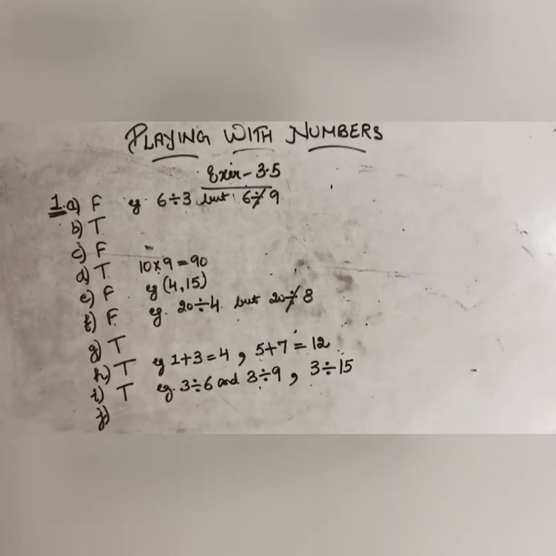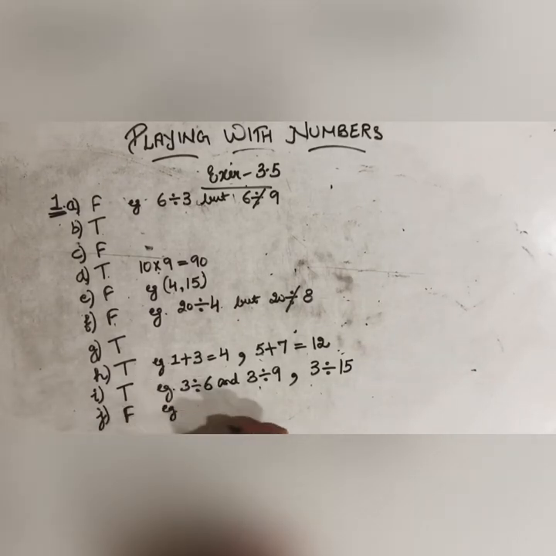Next, last part: If a number exactly divides the sum of two numbers, it must exactly divide the two numbers separately. That if the number divides the sum, it's not necessary that it will divide the numbers separately.